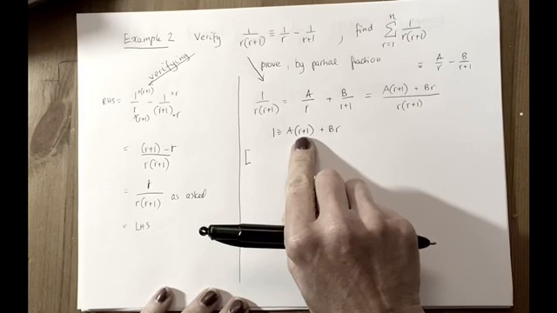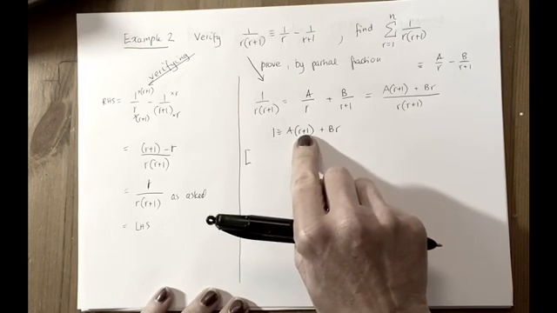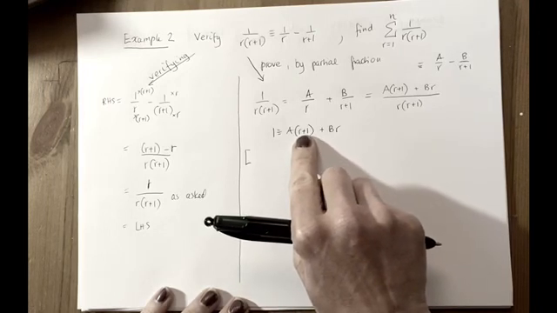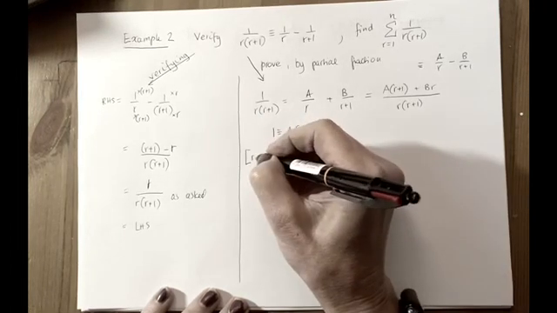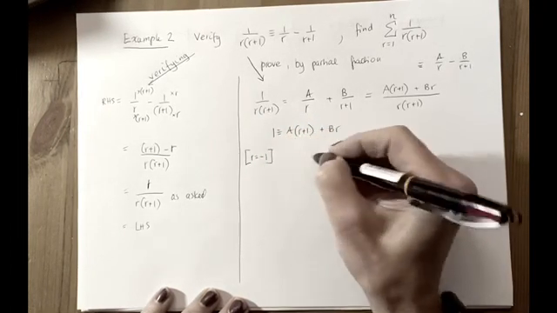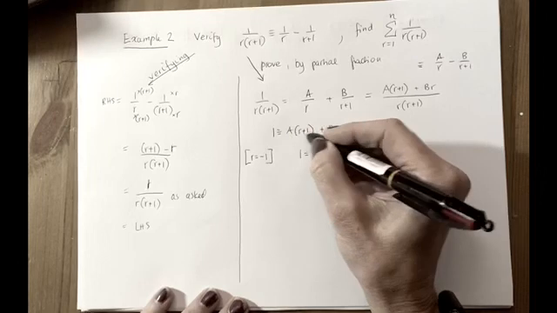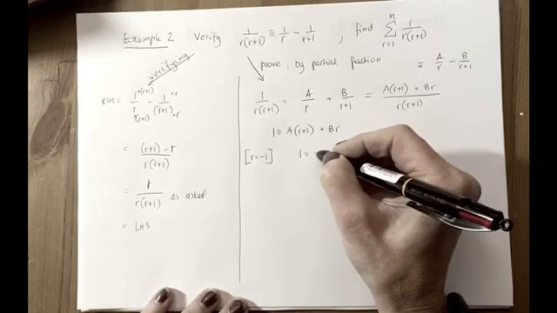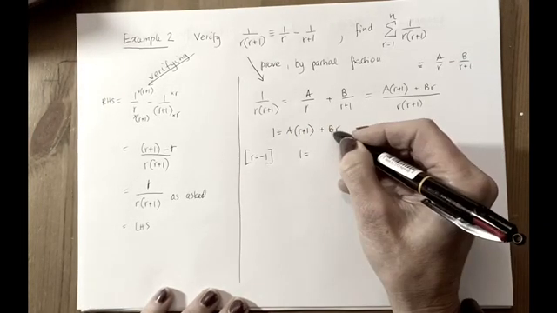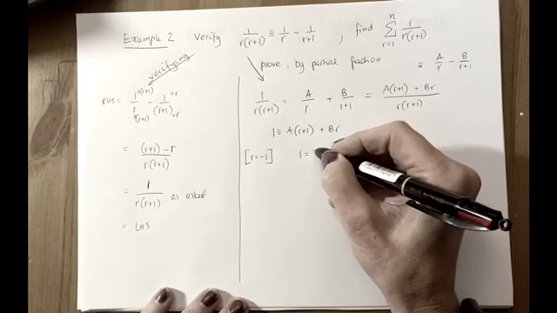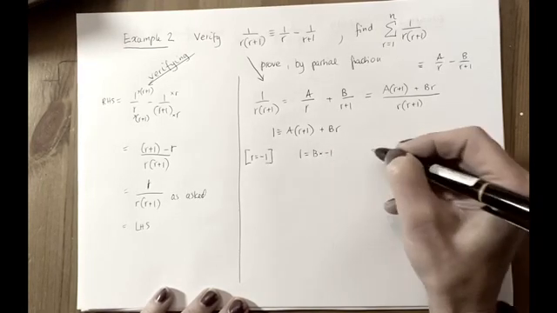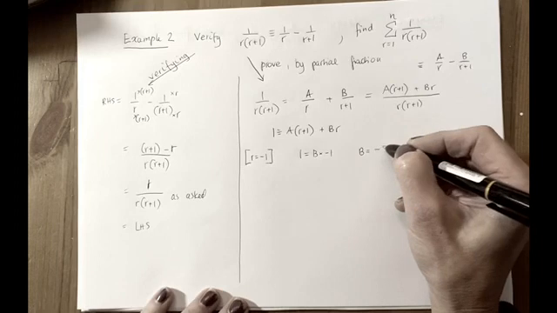So the best way to do it is to make this bracket equal to 0, so that will be equal to 0 when r is equal to minus 1. So 1 is equal to a times minus 1 plus 1, which is 0. That disappears. That's what I wanted to happen. And b times minus 1. So that gives me b is equal to minus 1.